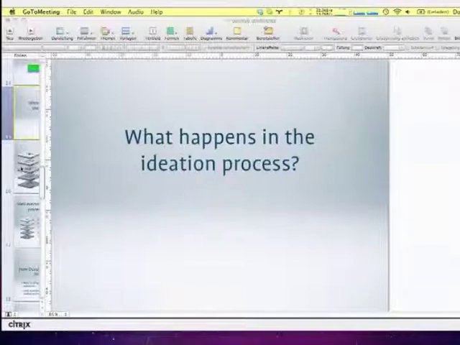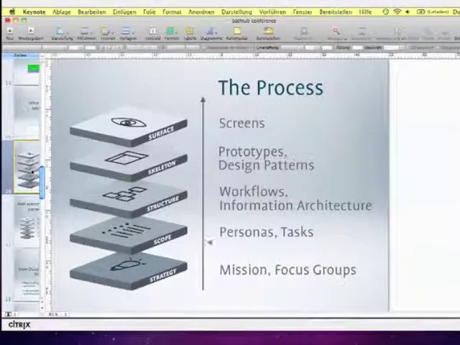Now, what happens in the ideation process? You start at the bottom with the strategy. There you define the mission and the focus group of your product. So this is the segmentation of who this product will be for. Then you have your scope, your personas, and your tasks.